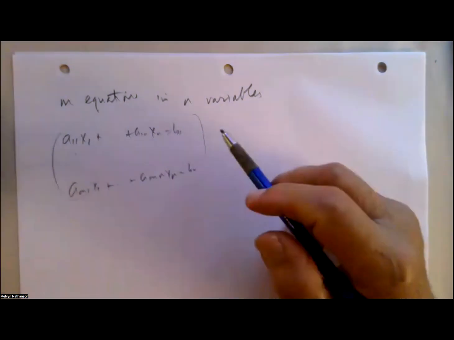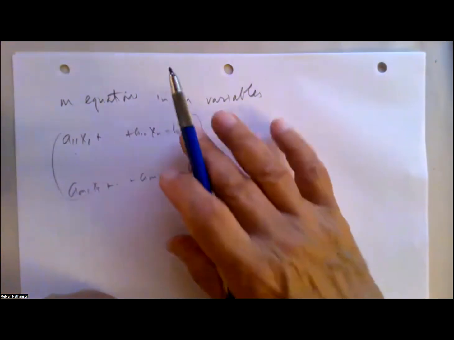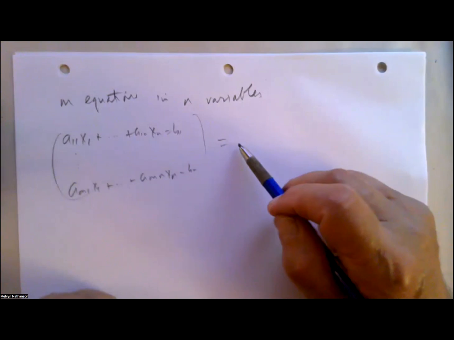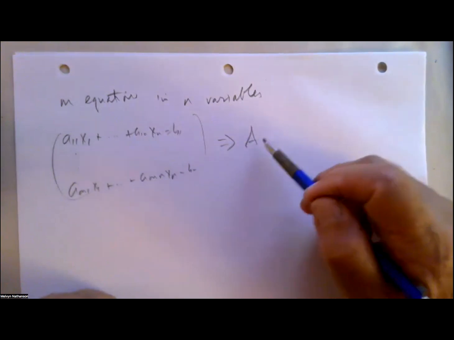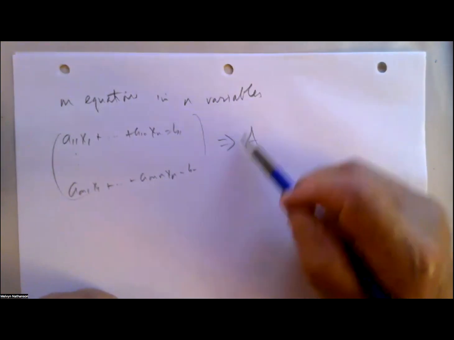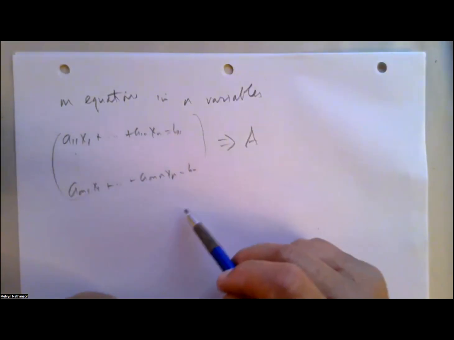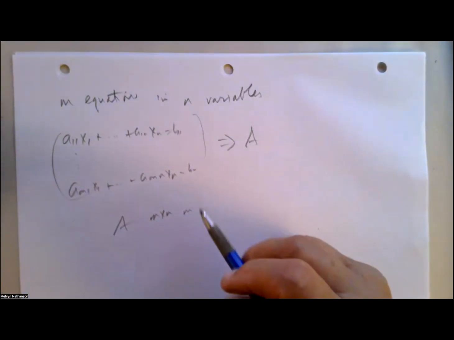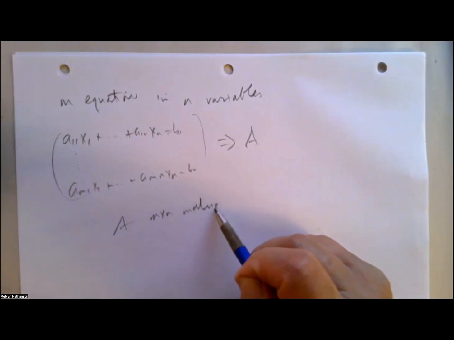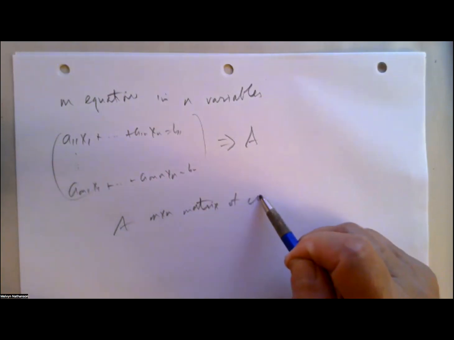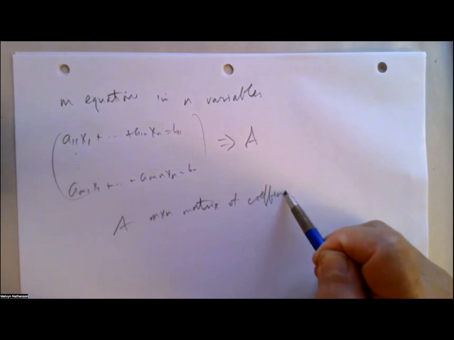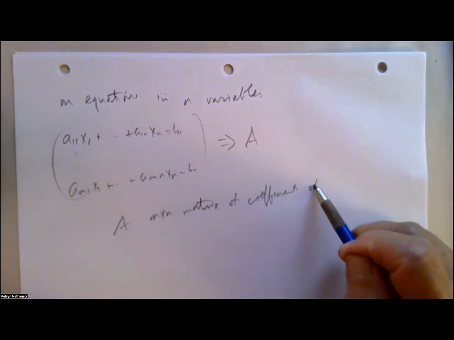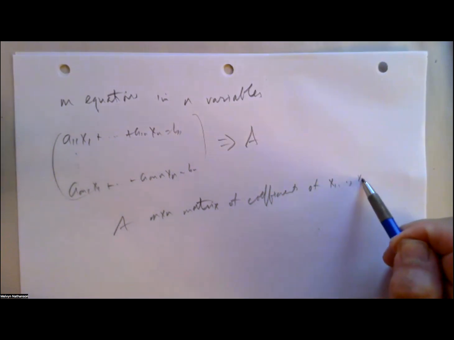So from this system of equations, I forget the right-hand sides for the moment, and I let A be the m by n matrix of coefficients of the variables x1 up to xn.